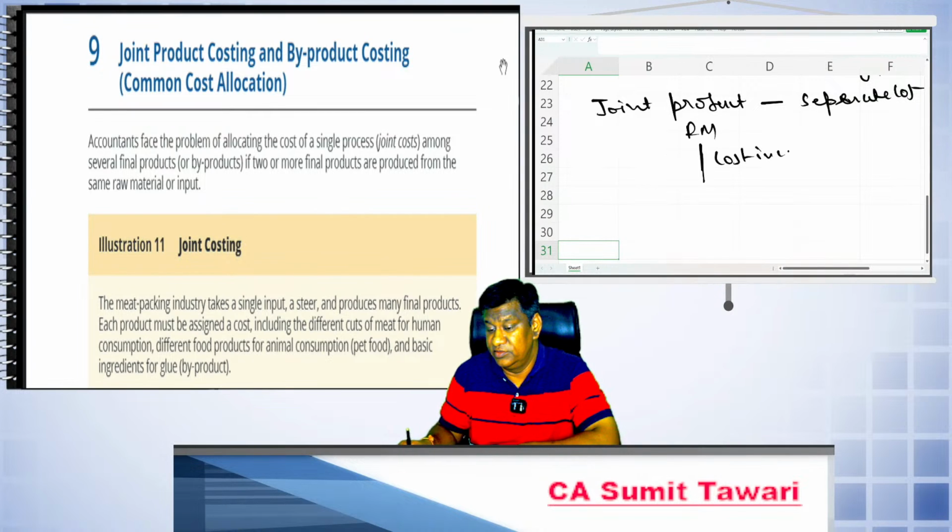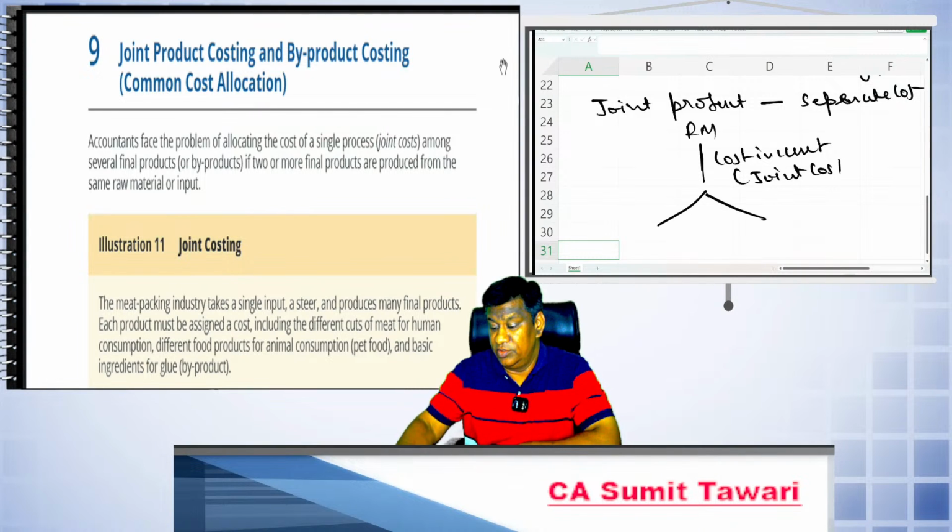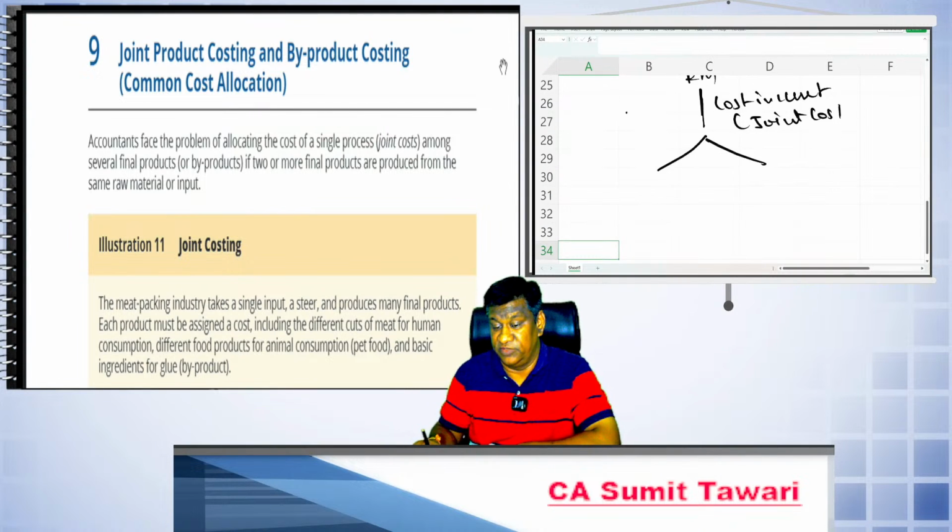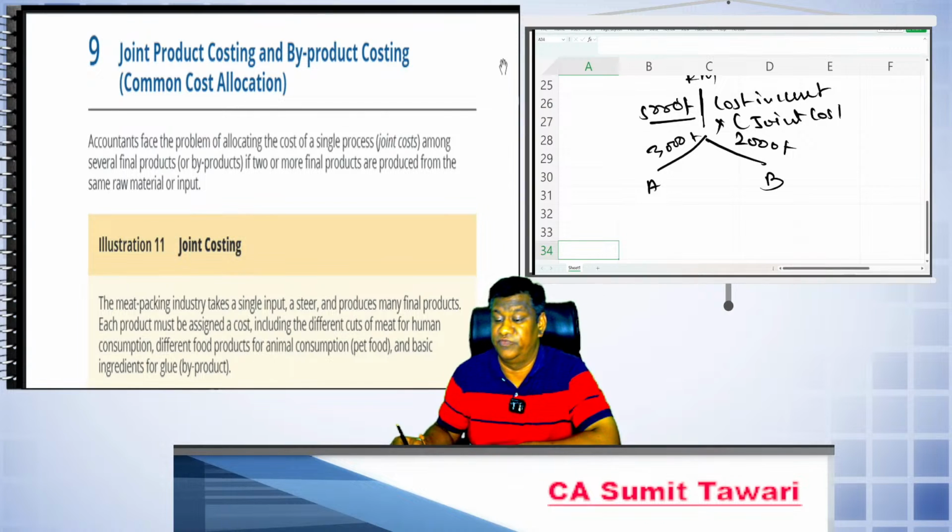It is joint cost. Then say for the 5,000 ton production you got, you apply 3,000 ton here and 2,000 ton here and do the separate processes.